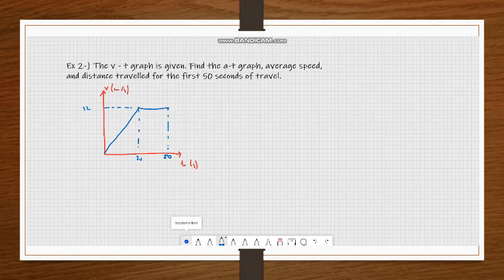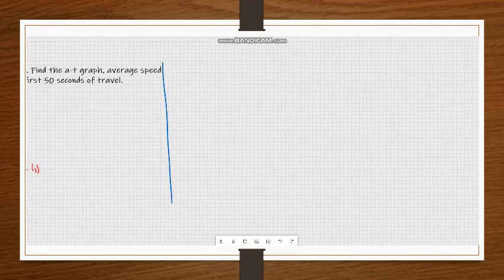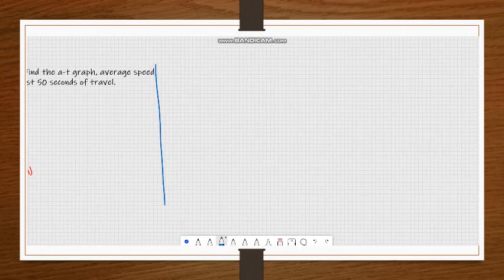So let's start to solve. We know that between 0 and 30, a is given by dv over dt.